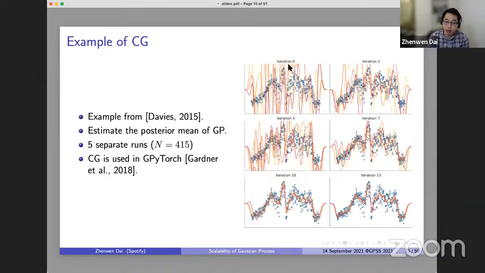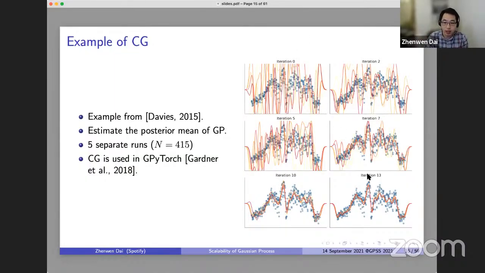Iteration zero is, remember, the v0 I put on the previous slide. That is the initial guess of the solution, so you can see it is pretty much not matching the data. After a few iterations, like by iteration 7, it's already more or less covering the data.